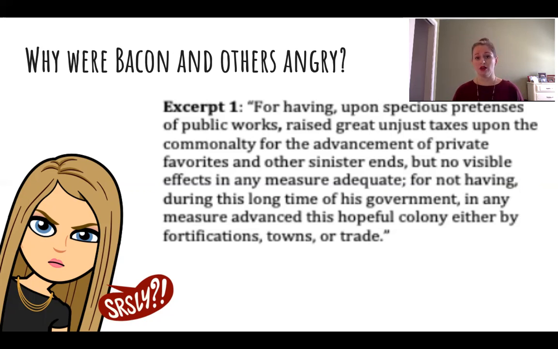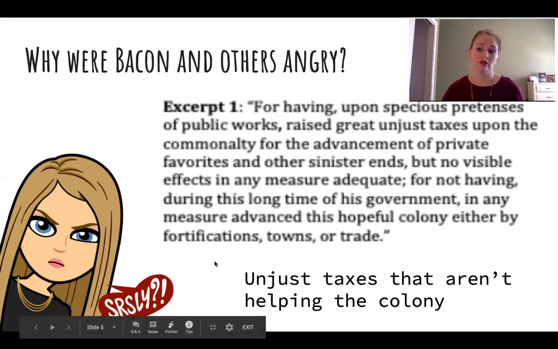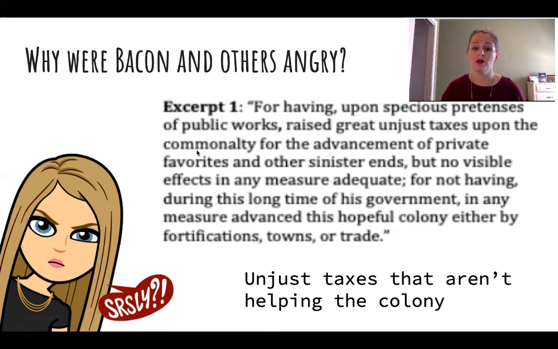So what we did as a class was I asked you to look at that quote and then tell me why they are angry. What can you get from that quote as to why Bacon and the other rebels were angry? And the answer here is that there were unjust taxes being put into place. This is usually what everybody sees. They raised great unjust taxes upon the commonality, meaning upon the people.